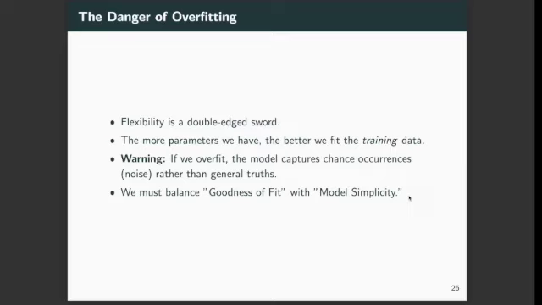So we must always balance the goodness of fit with model simplicity. The important part is that we do not want the model to be a perfect fit to the training data, because we want to use the model to predict new data, and we want the model to contain only the essential parts so that it can generalize when new data comes in.